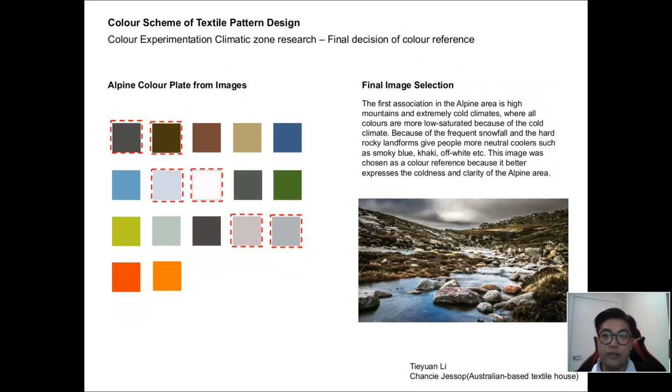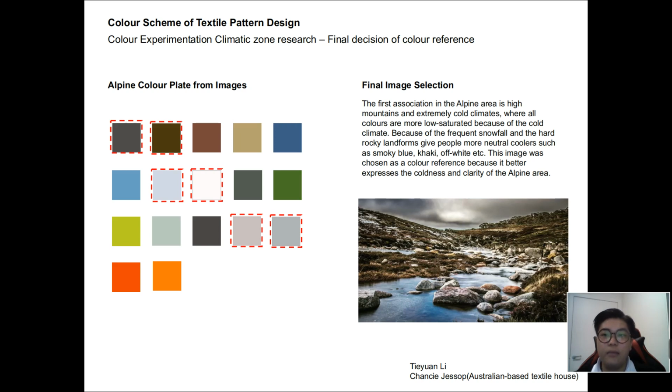For page 14, the first season in this upland area is higher mountains and extremely cold climates, where all colors are more low saturation because of the cold climate, the frequent snowfall, and the hard rock landforms, giving people more natural colors such as smoky blue and off-white.